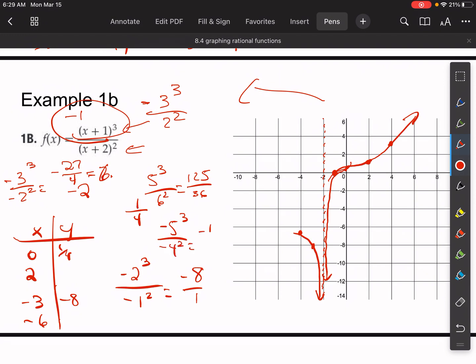So that's -125 over 16. I'm just going to plug that into my calculator here really quick. So I have 125 divided by 16. So we're at -7.8. So at -6, we're at -7.8. We're somewhere down in here. So it's kind of wrapping around this way.